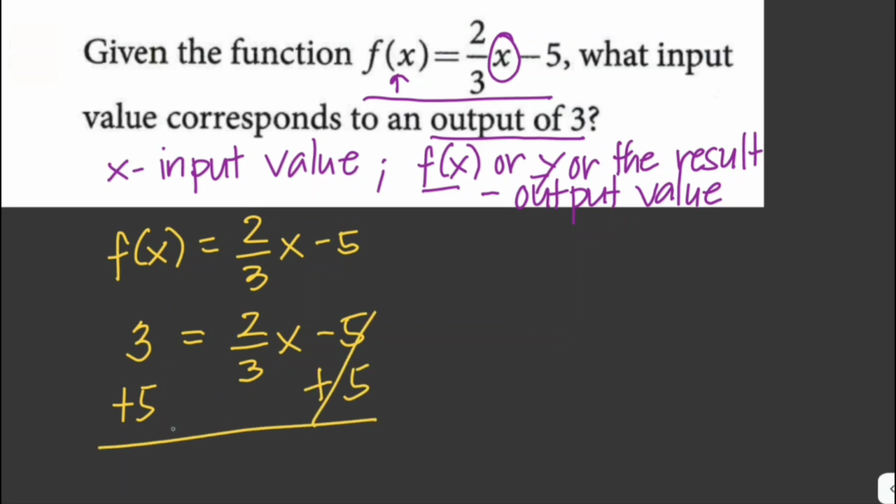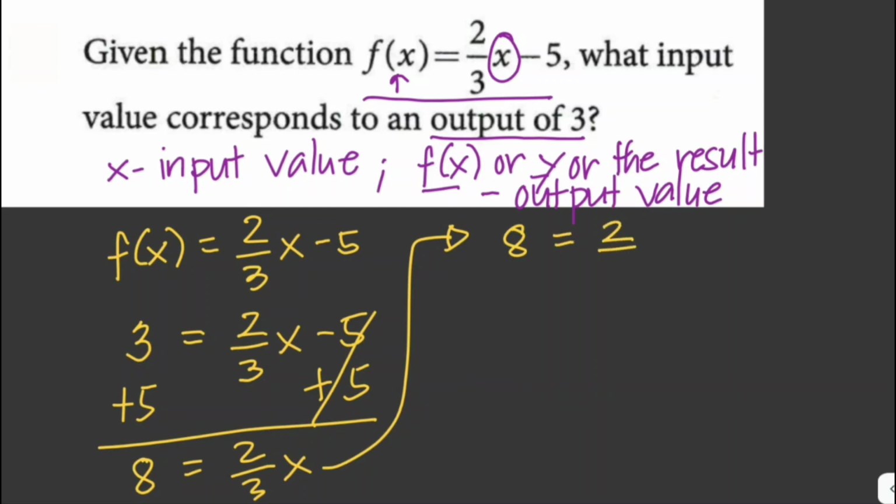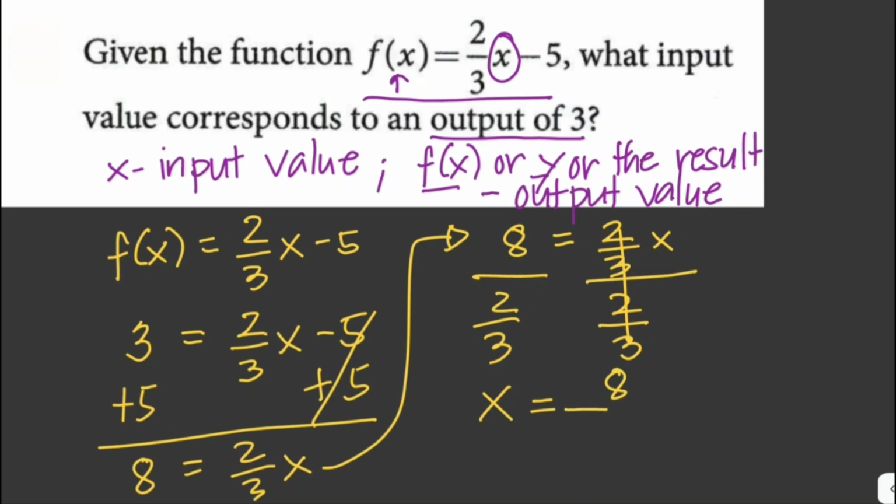This cancels out, so we have 8 equals 2/3 x. Okay, and then we divide both sides by 2/3. So the value of x is just 8 over 2 over 3, which can be written as 8 times 3/2.